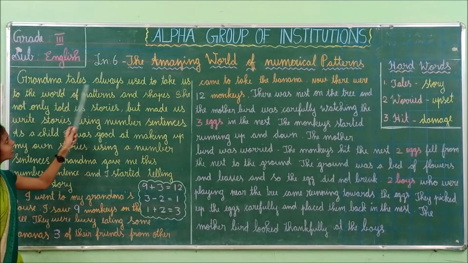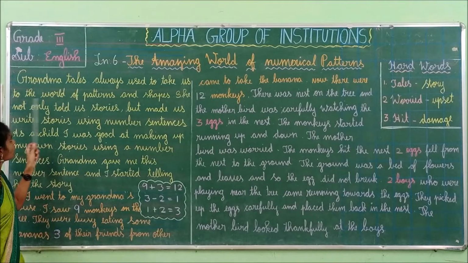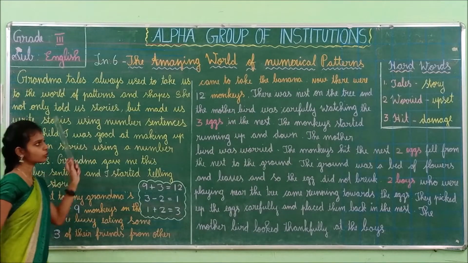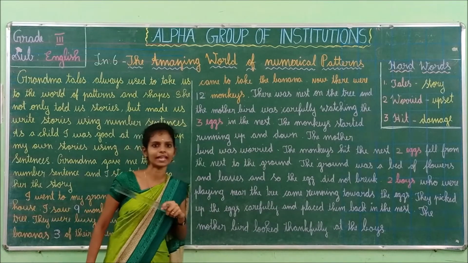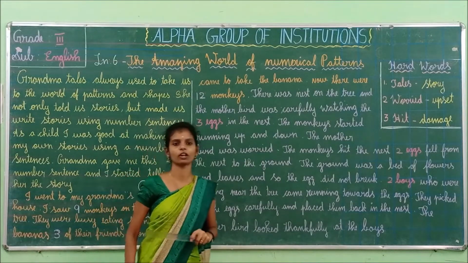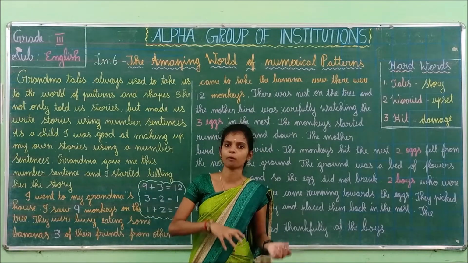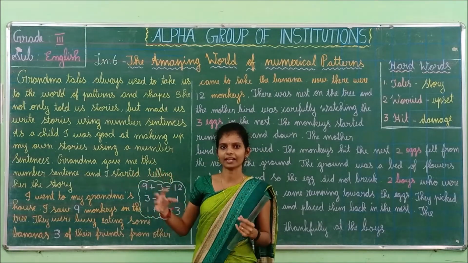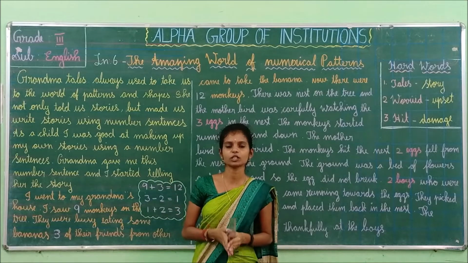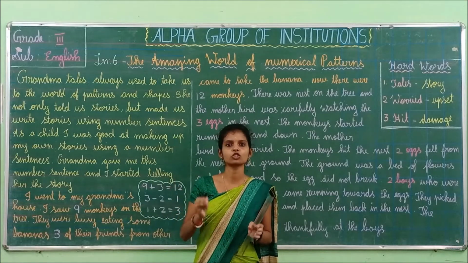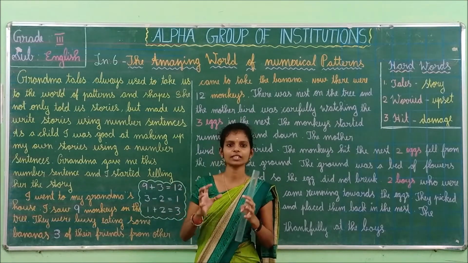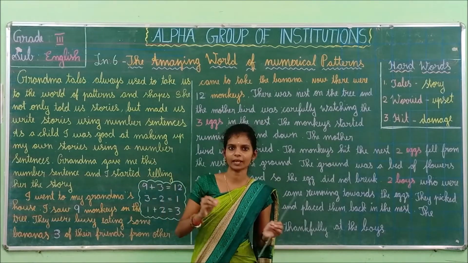So what is meant by tales? You know very well: story. So his grandma's stories always take that boy to the world of patterns, shapes, etc. Which means she always used to tell stories using numbers, shapes, etc.